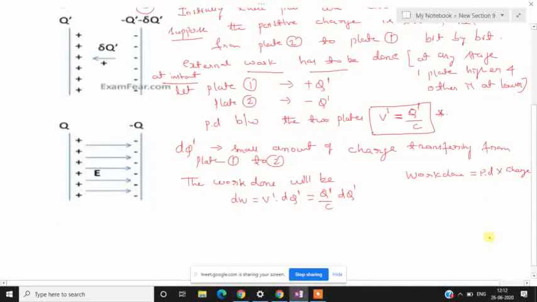Now you can write the total work done. To get the total work done to transfer the complete charge Q from plate 2 to plate 1, what do we have to do? Integration. Yes, integration.